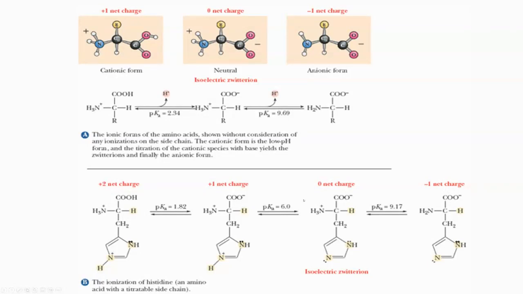If you go to the left, the first step is this nitrogen accepting the hydrogen. That's pKa 1, and then you have the second, where the amino group and the carboxyl group accept the hydrogen. So here it is plus one and plus two.